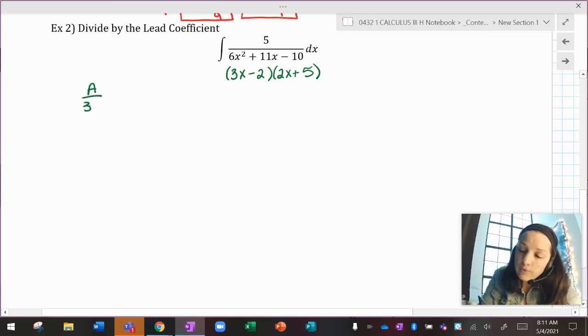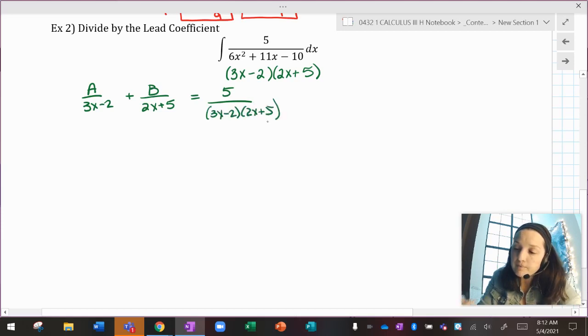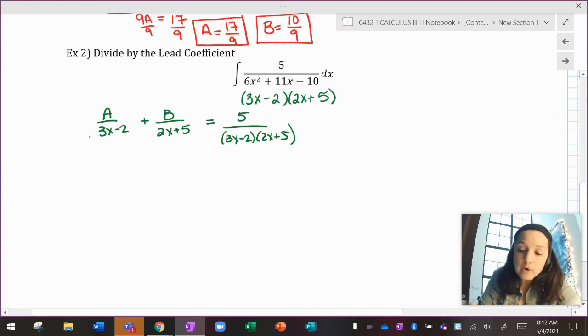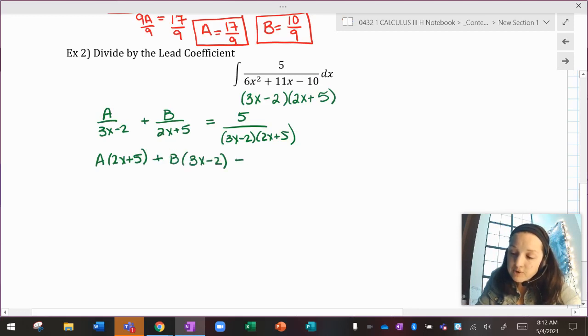15 minus 4 is 11. So a over 3x minus 2 plus b over 2x plus 5 equals 5 over what I have. Now, I showed you how to get the common denominator last time. If you want to do a lot of that in your head, by all means. So I know that a is going to get multiplied by 2x plus 5, and b is going to get multiplied by 3x minus 2.